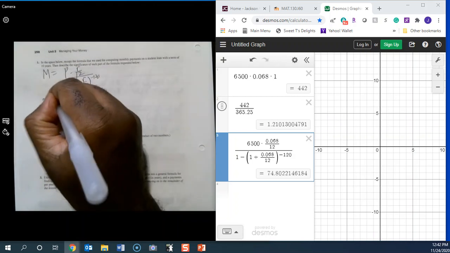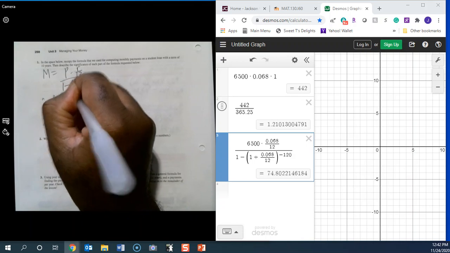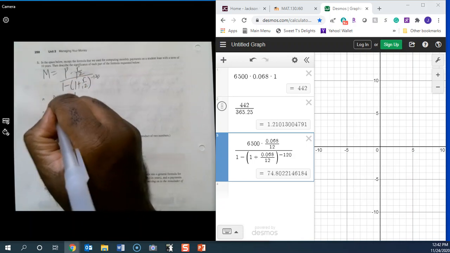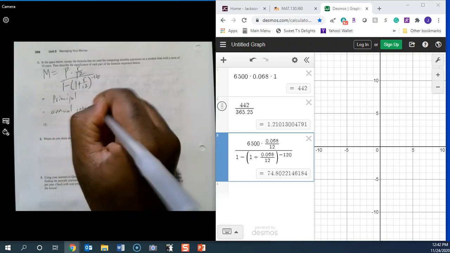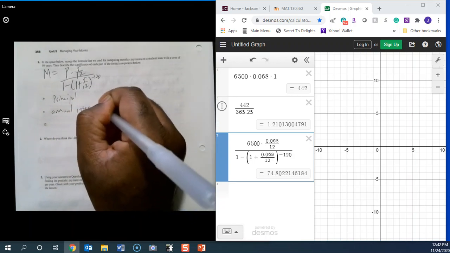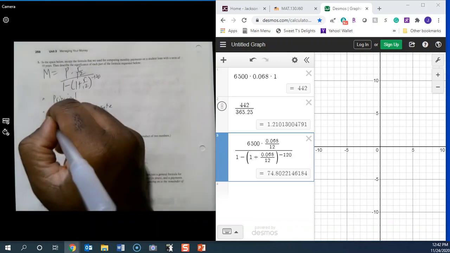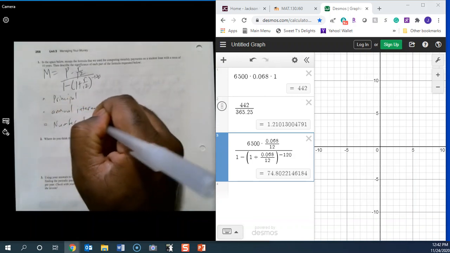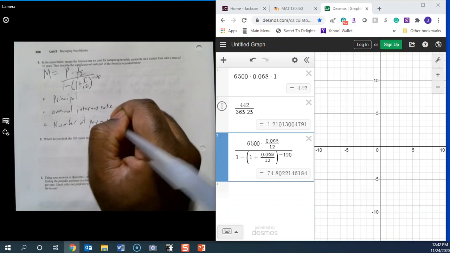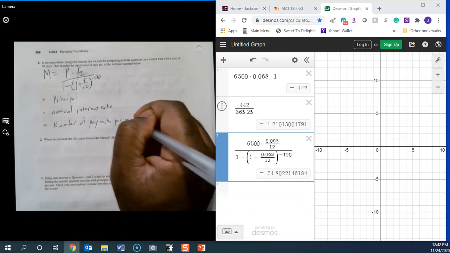Now P we know is the principal. R is the annual interest rate. Or we could have just said rate. And then 12 is the number of payments per year.